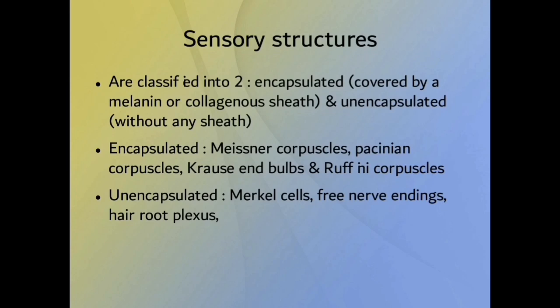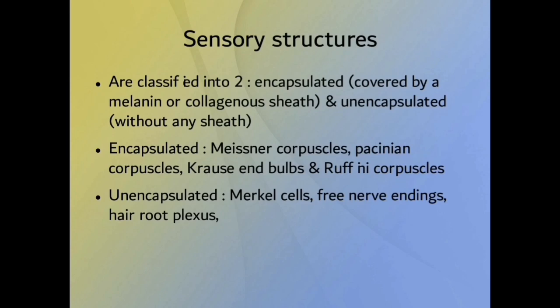Then unencapsulated are the ones without any sheath. For the encapsulated, we have Meissner corpuscles, Pacinian corpuscles, the Krause end bulbs, and the Ruffini corpuscles. And for unencapsulated sensory structures, we have Merkel cells, free nerve endings, and the root hair plexus.